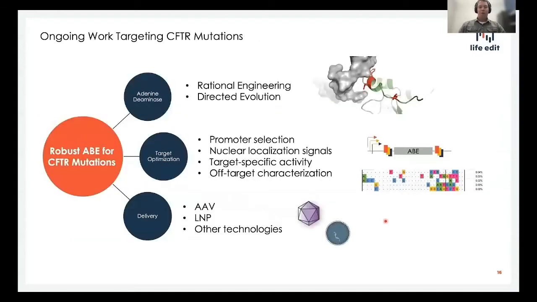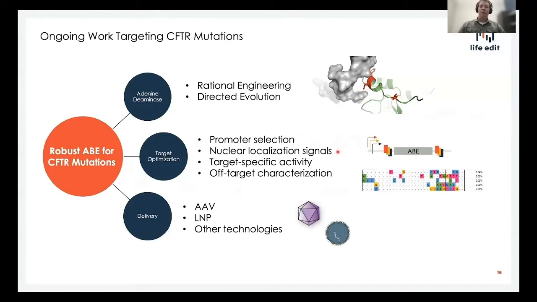Going forward, we're going to be improving our base editors in a couple of different ways. One is we're doing various protein engineering approaches to improve the activity of our adenine deaminases. In conjunction with that, we're taking a target-specific approach, thinking of CFTR specifically. So we're thinking about trying different promoters that have potentially increased activity in human bronchial epithelial cells.